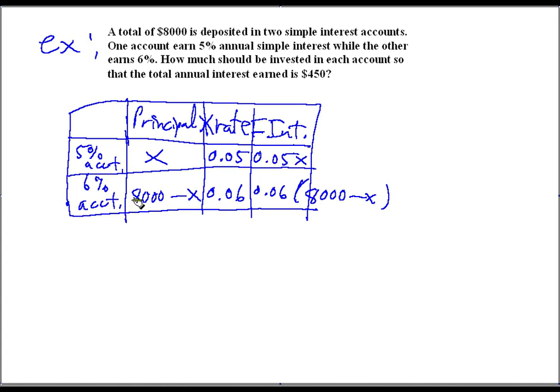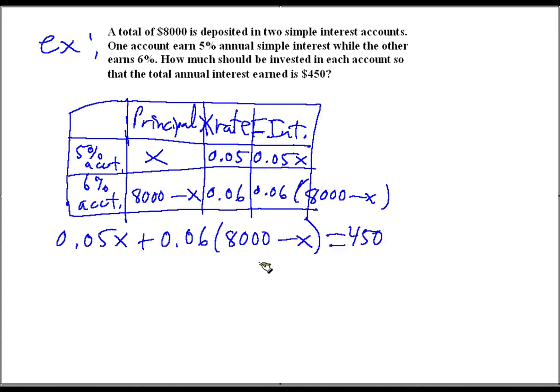Interest for the 6% account, that's 0.06 times 8,000 minus x. If I add up these two interests, I'm going to get a total interest of 450. And that's the equation I'm going to come up with in this problem. So 0.05x plus 0.06 times 8,000 minus x equals 450. So that's the equation I need to solve here.